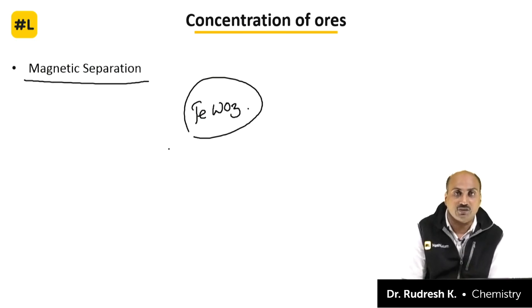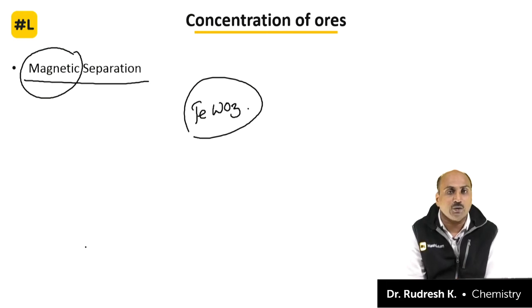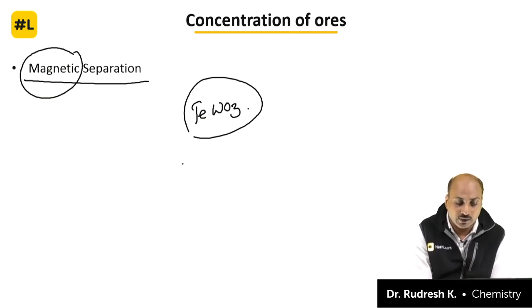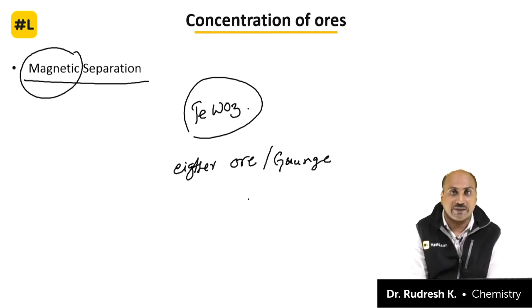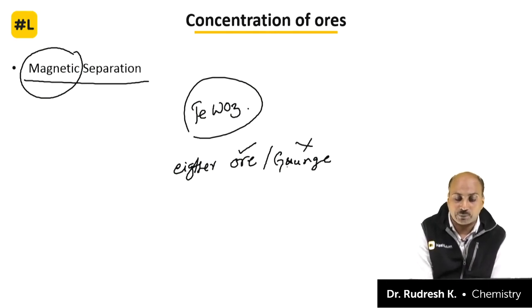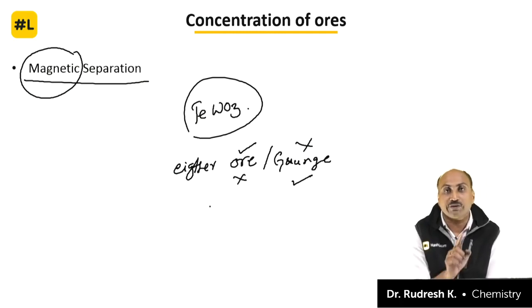The reason behind this is, as the name itself indicates, this method is applicable only when either your ore or your gangue is magnetic and the other is non-magnetic. If the ore is magnetic, the gangue should not be magnetic. If the gangue is magnetic, the ore should not be magnetic. That is what you have to consider.